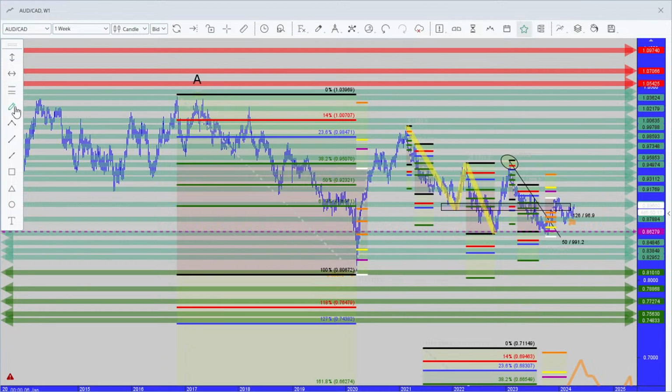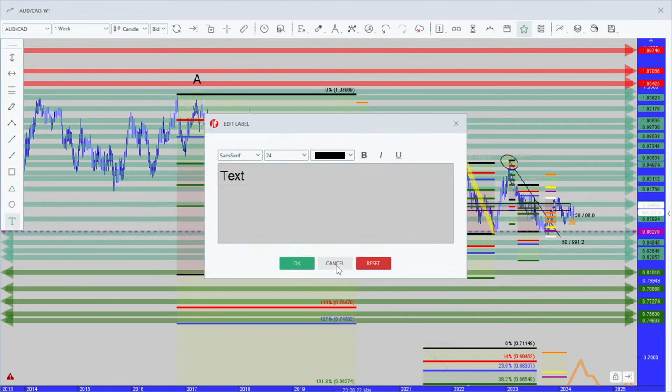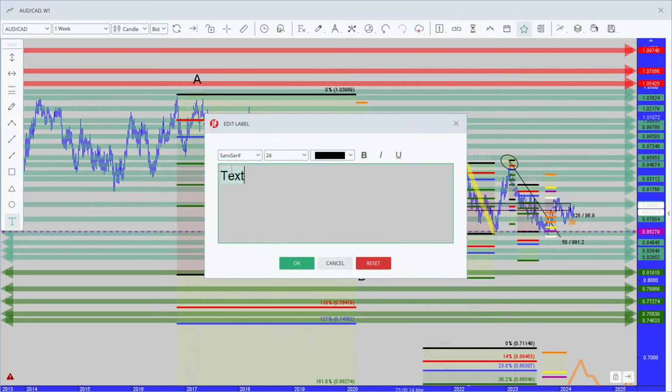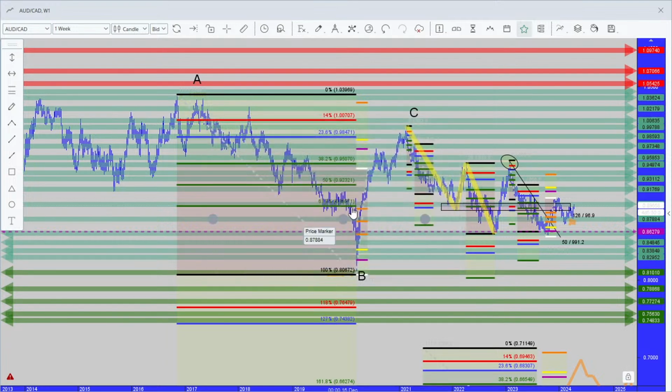That's the A, that's the B, similar to the monthly. Up in here, that's the C, right? So the original Fibonacci from the weekly chart is also down.